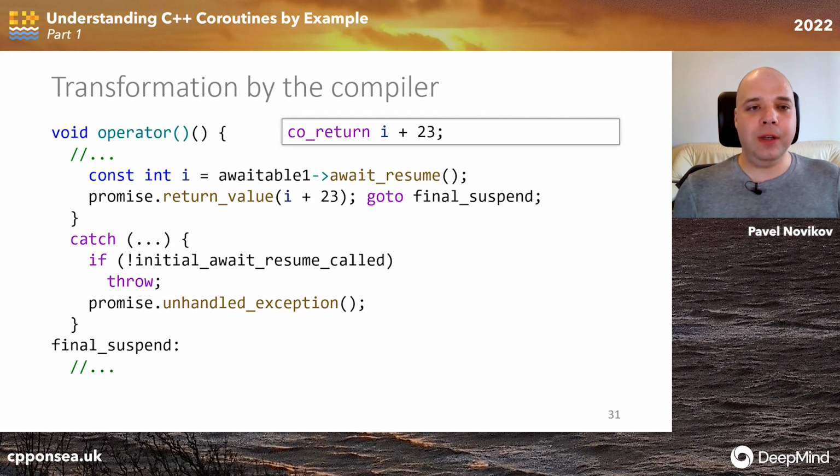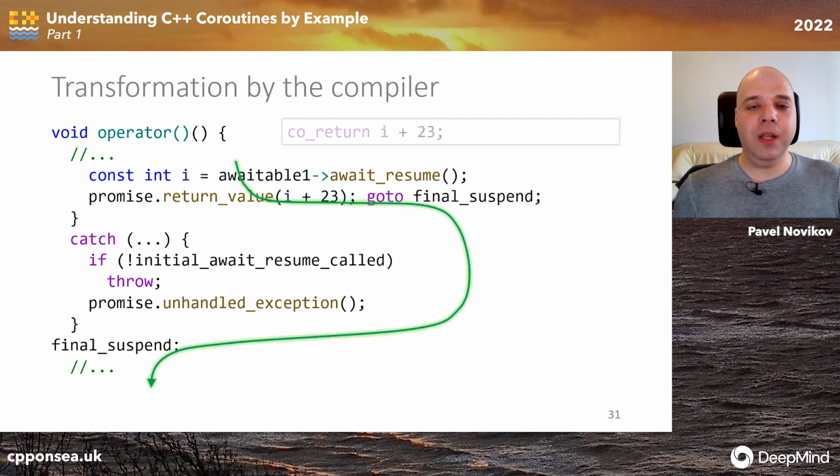I'm running ahead of myself. So in case everything goes smoothly, we just get straight to the final suspend label, but we can encounter an exception, and in that case we get to the catch clause. We check if the coroutine was actually initialized successfully. If that's not the case, we just rethrow the exception.